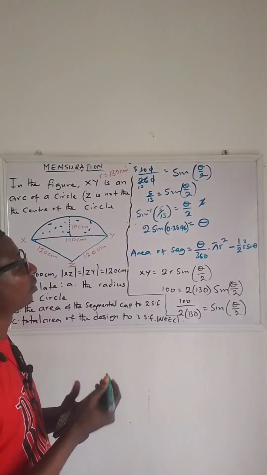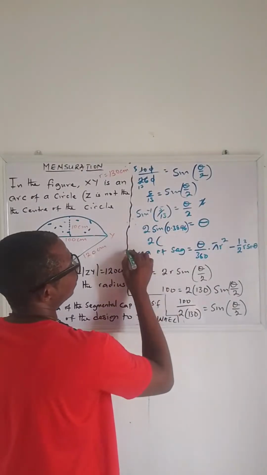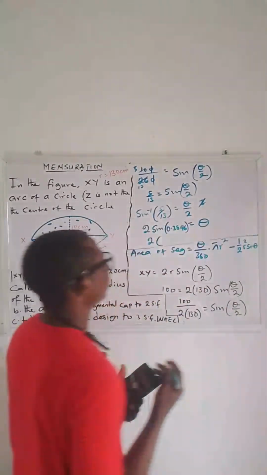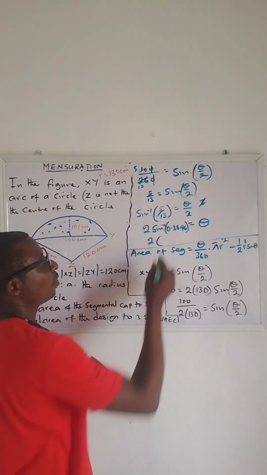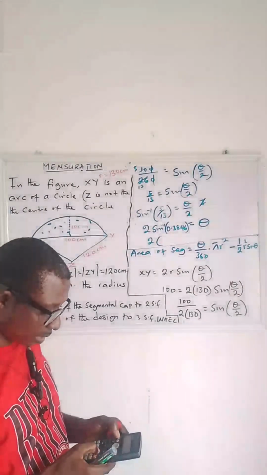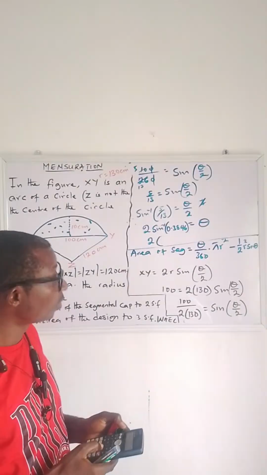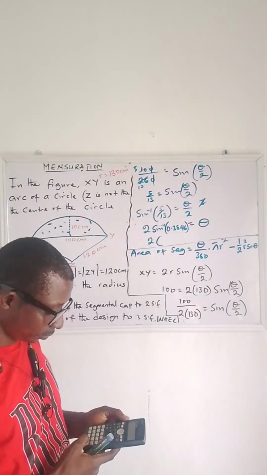Okay, so now we have 2 times. Now let us find arc sine of 0.3846. Arc sine of 0.3846.